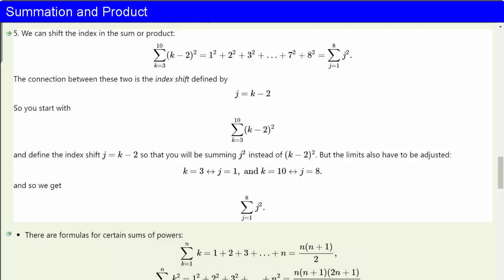The lower limit, k equal 3, corresponds to j equal k minus 2 equal 1. And the upper limit, k equal 10, corresponds to j equal k minus 2 equal to 8. So the sum will be the same if we write it in terms of the new summation index as the sum from j equal 1 to 8 of j squared.